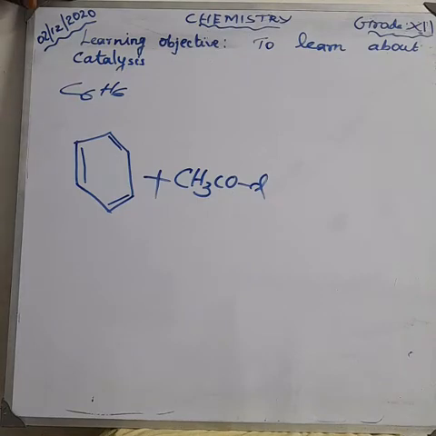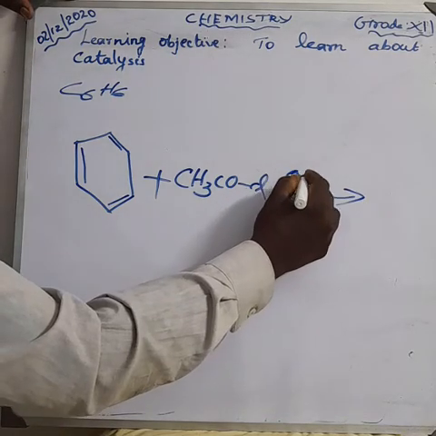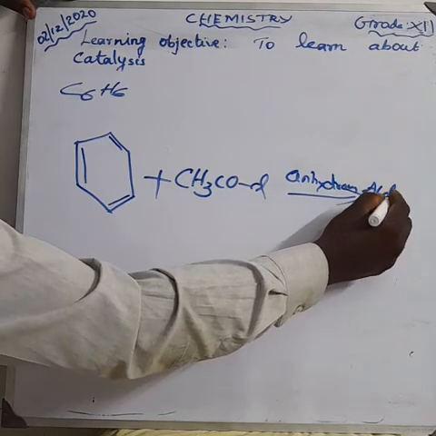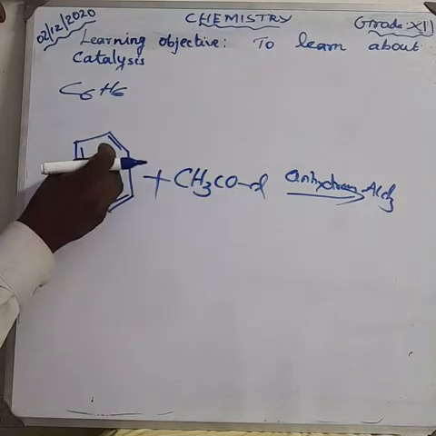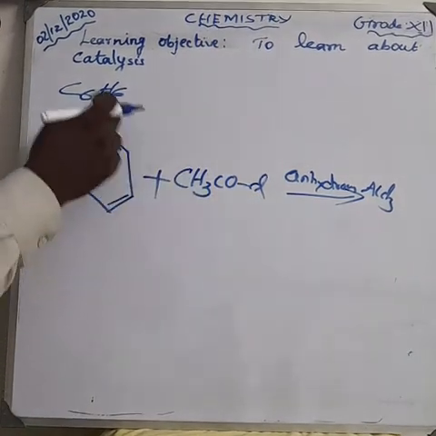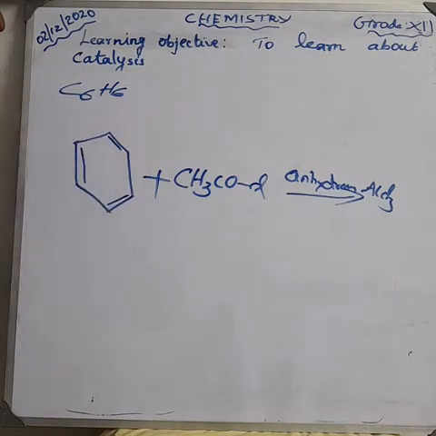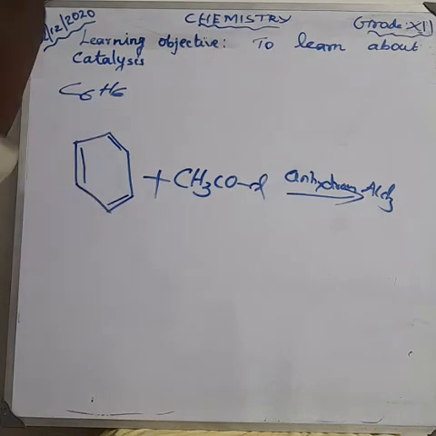In the presence of anhydrous AlCl3. So what is our respective product? Here this group will be attached to benzene. That means the acetyl chloride is attached to anywhere, whatever may be the place. At that particular place, one of the hydrogens should be leaving out.